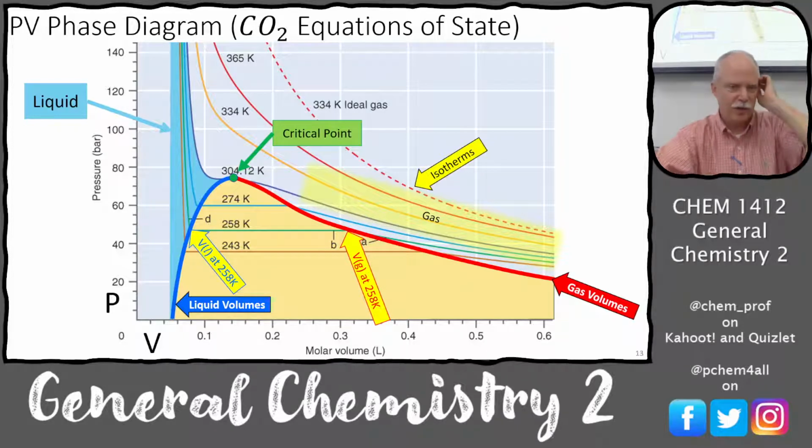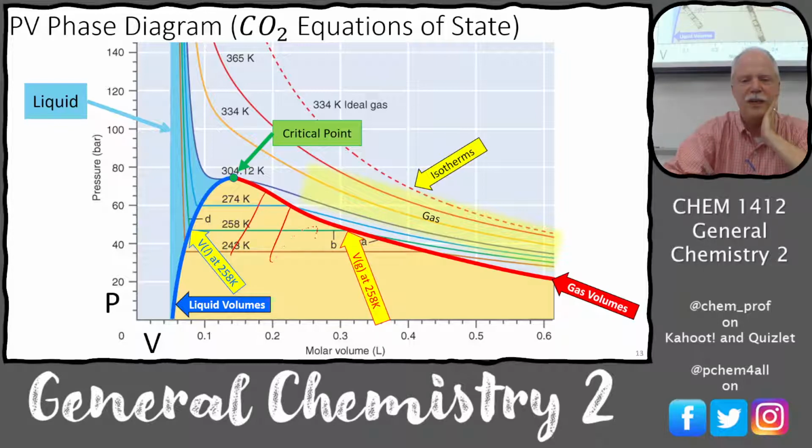Now let's talk about the critical point. There is a temperature above which you don't have this vapor-liquid separation. So notice how if I'm in this region right here and below, this whole region here, if that's in a container, you've got a meniscus.